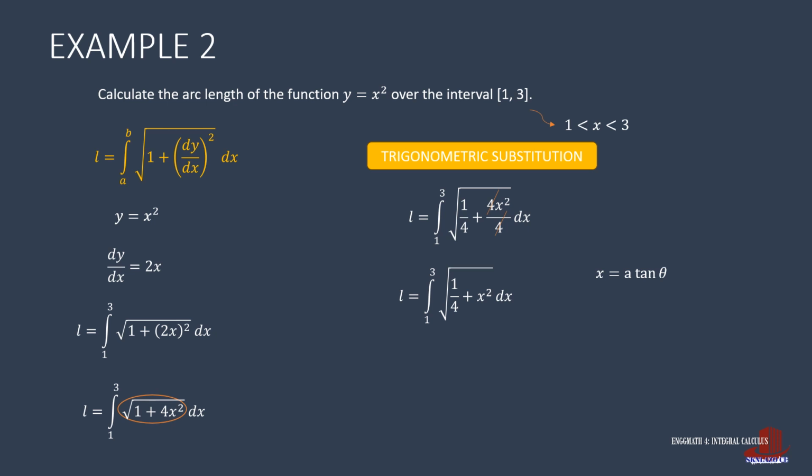At this moment, we can now identify a from the formula x equal to a tangent theta. If a squared is 1/4, a is then 1/2. So x is written as 1/2 tangent of theta. Also take the derivative, which is 1/2 times the derivative of tangent, which is secant square theta.